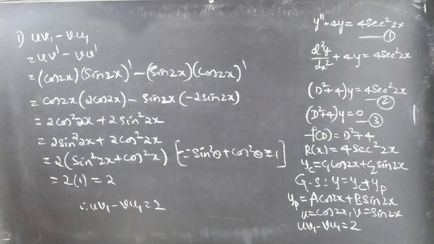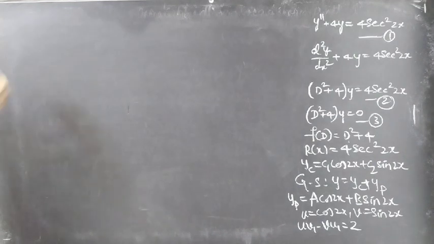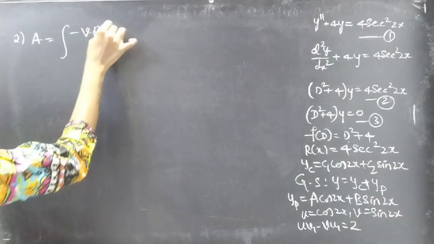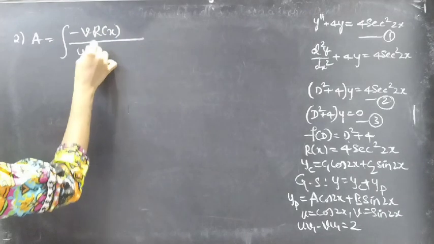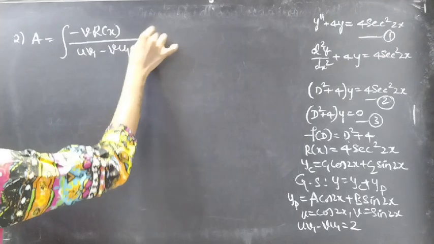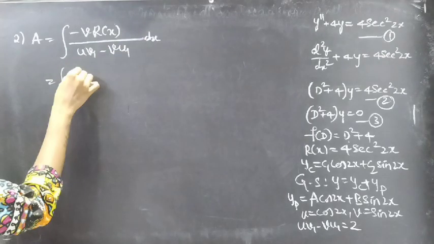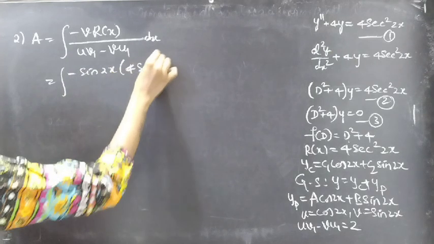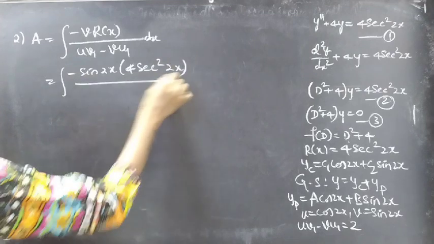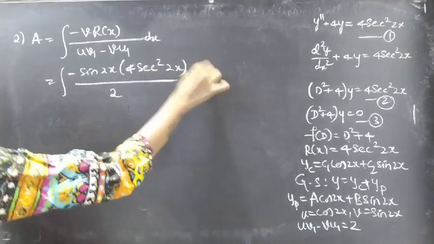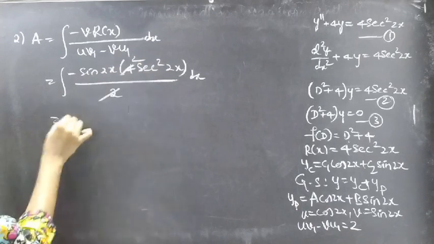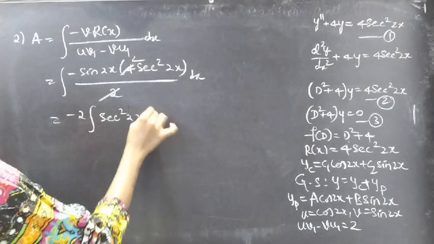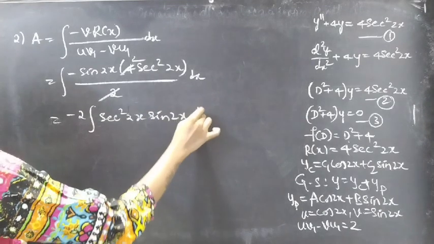Now coming to a. A is given by integral minus v into r of x by uv1 minus v1, equals to minus v sin 2x into r of x 4 secant square 2x by uv1 minus v1 is 2. You'll get minus 2 integral secant square 2x sin 2x dx.